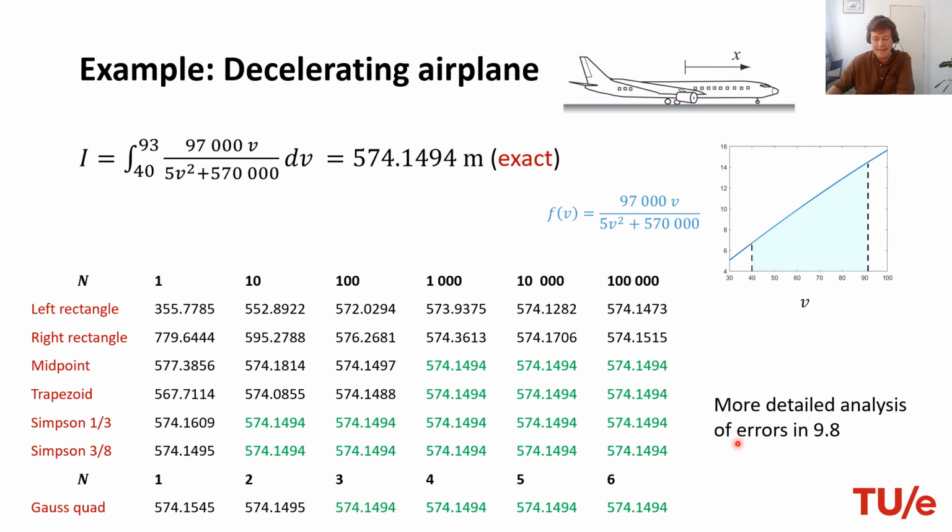A more detailed analysis of the errors will come in video for section 9.8, but the overall conclusion here is that with a very limited number of function evaluations, these Gauss quadrature rules seem to be able to approximate the integrals up to a very high accuracy.